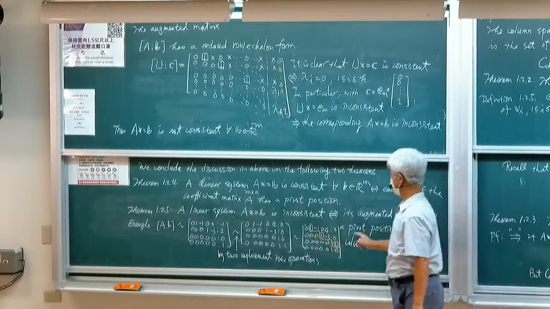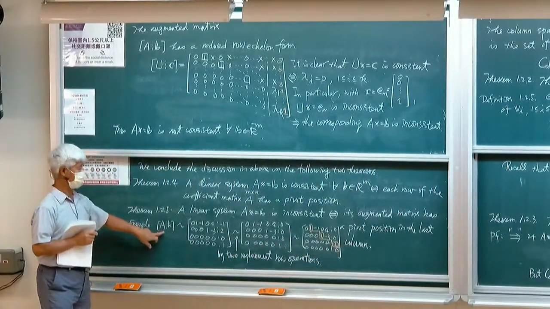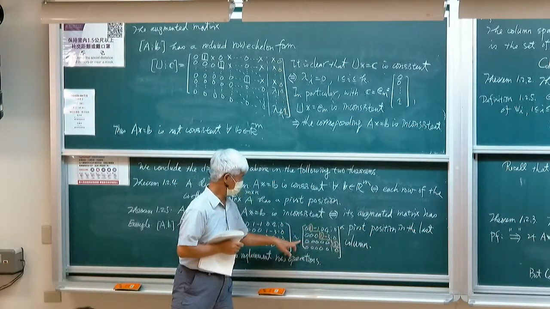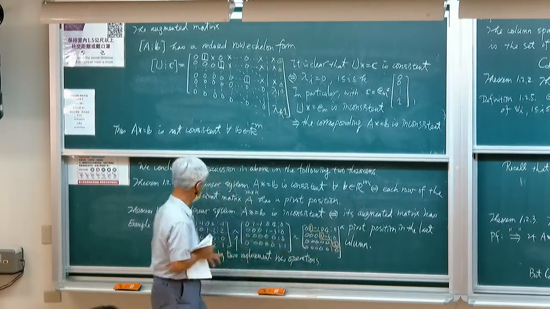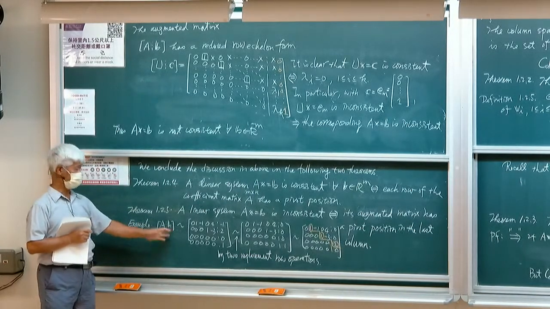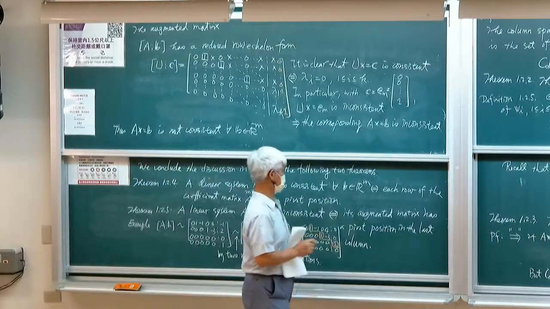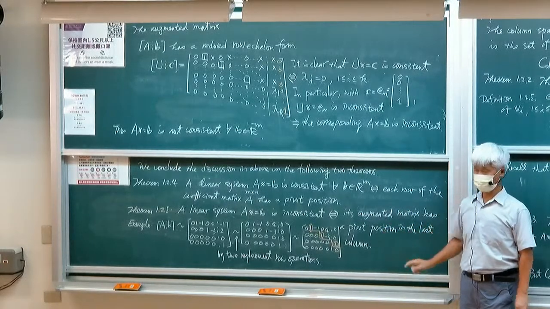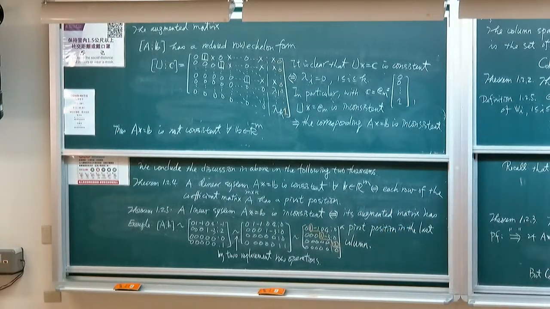And so it tells you that the original augmented matrix has a pivot position, the 3, 6 position in this augmented matrix, meaning in the last row, in the last column. So this is the equivalent condition. Any questions?